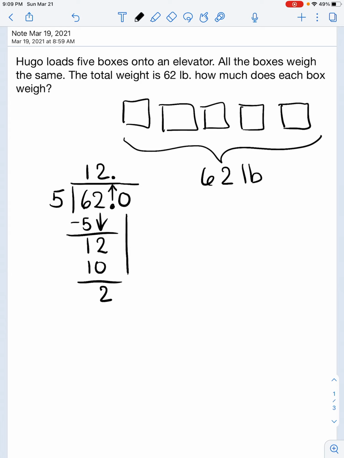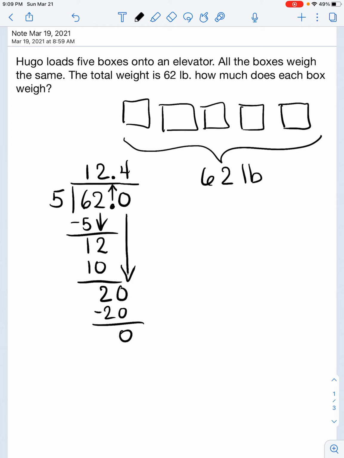Now I'm going to bring this 0 down, and 5 goes into 20 4 times. And look at that, okay? Once we get a remainder of 0, if we're dealing with decimals, we are done, okay?